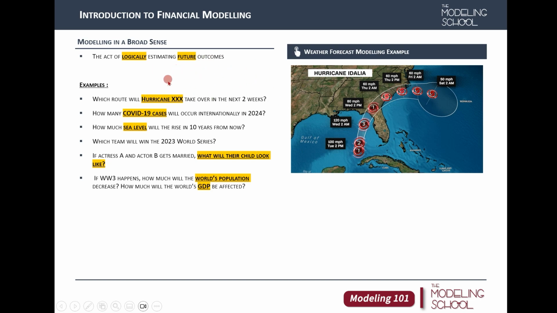So what kind of things do we estimate? Number one, things like the route of the hurricane. If you're living in a region where hurricanes often occur, or sometimes they're called typhoons or cyclones, what are the routes going to be? Scientists don't just assign random routes to the map.